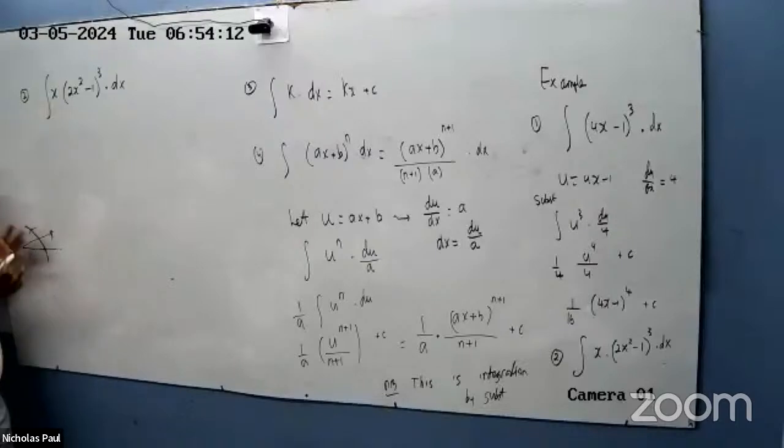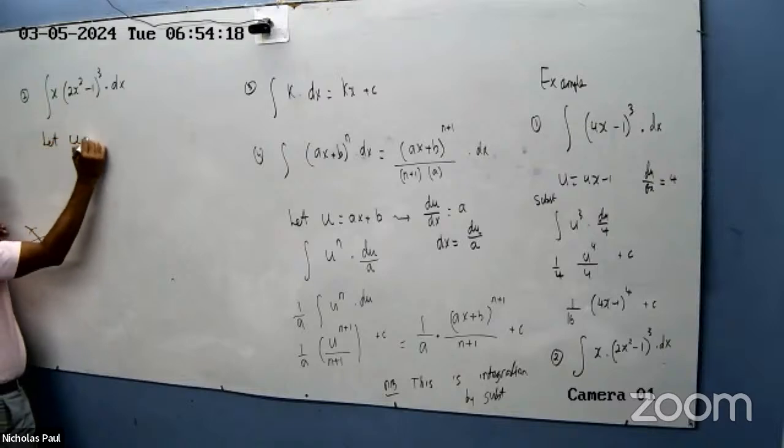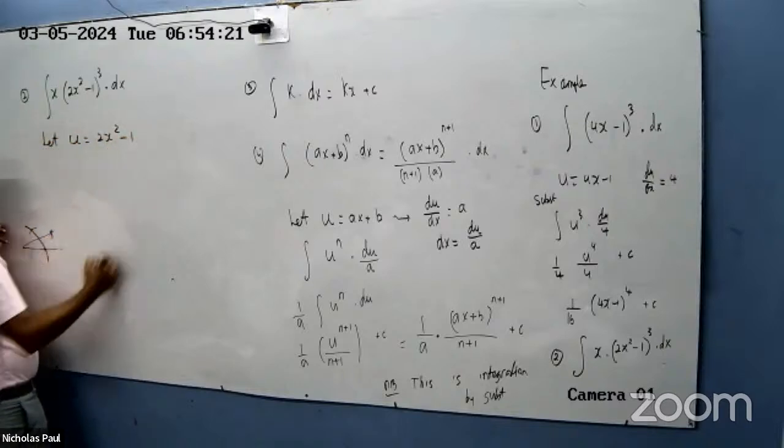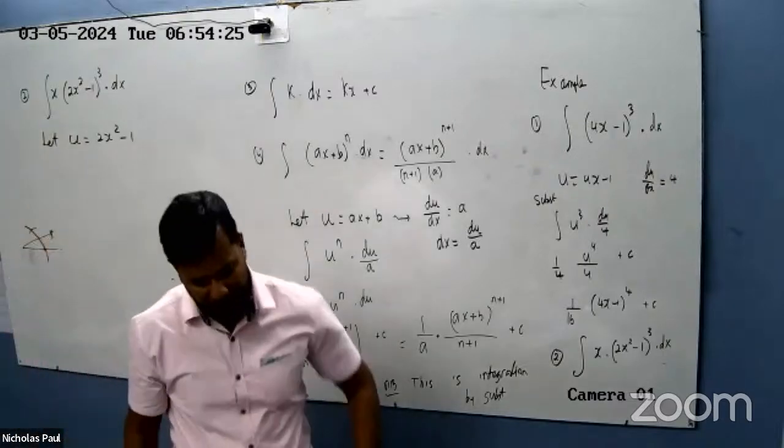I didn't give you what to use as the substitution. Generally it's part of the bracket, so let u equal 2x squared minus 1. Let's see how it looks.